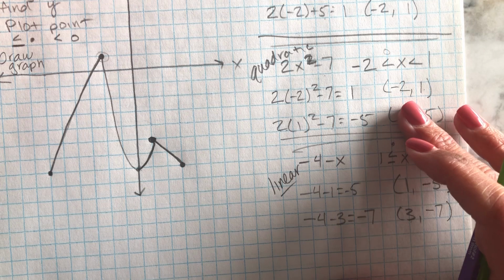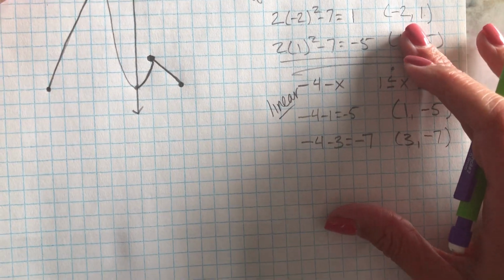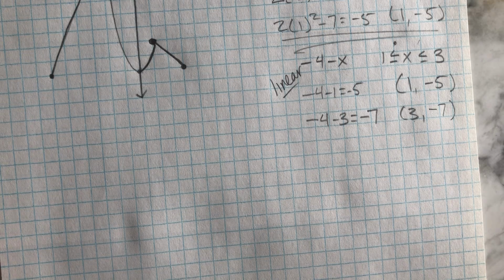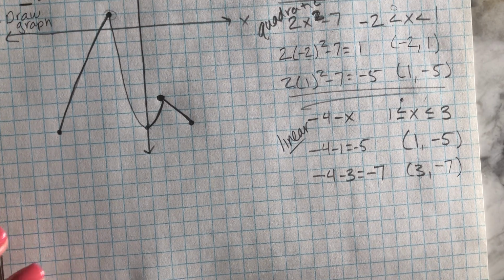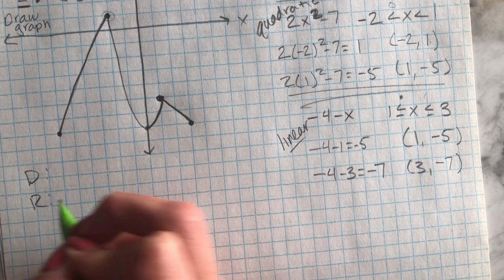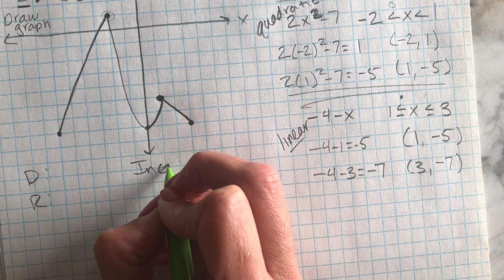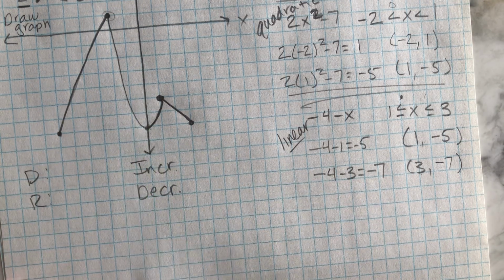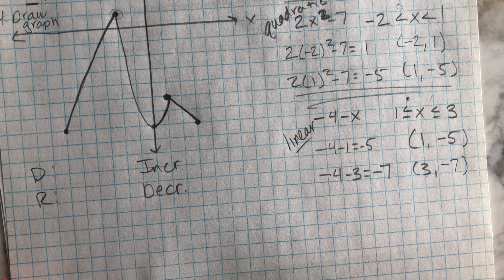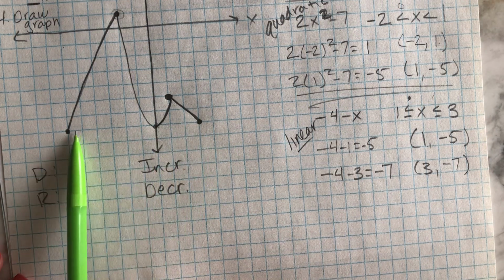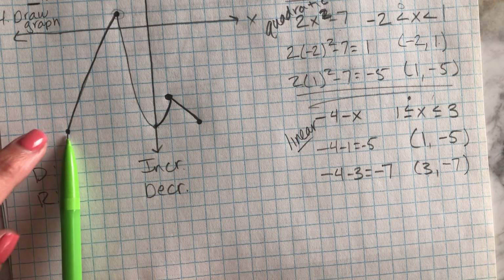Now let's do a little review from last section. I want to look at this graph, and I want to describe domain, range, increasing, decreasing, and there's no constant, so we don't have to worry about that. Okay, domain, x values, left to right. So the very left of the graph is right here.